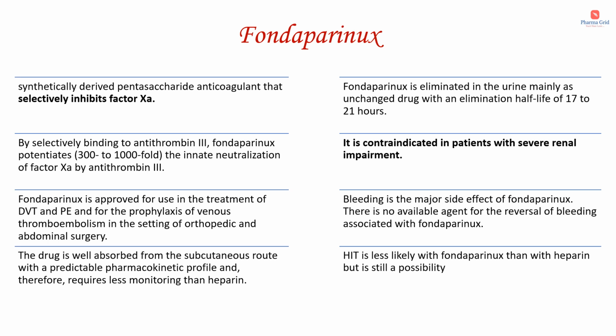This drug is approved for use in the treatment of deep vein thrombosis and pulmonary embolism and for the prophylaxis of venous thromboembolism in the setting of orthopedic and abdominal surgery. The drug is well absorbed from the subcutaneous route with a predictable pharmacokinetic profile and therefore requires less monitoring than heparin. So the route of administration for Fondaparinux is the subcutaneous route.